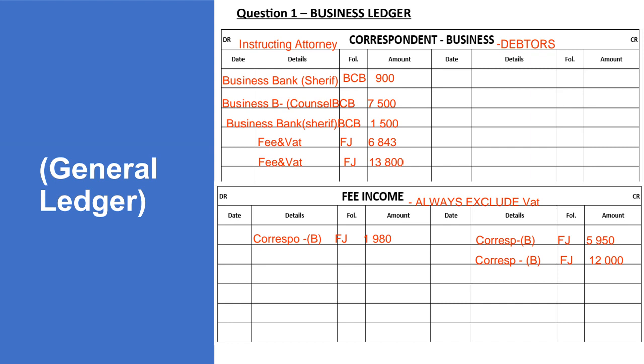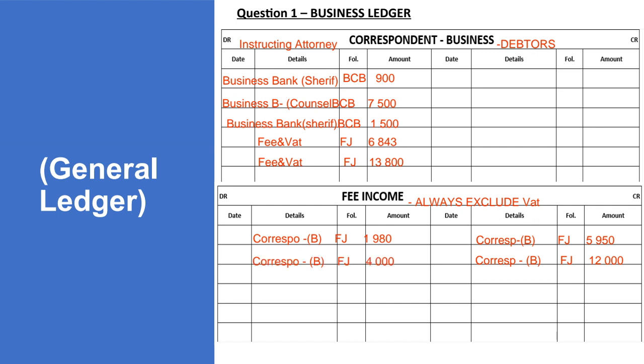I'm just going to write 4,000 here. Correspondent, yes. Business. Correspondent 4,000 here. Can you see now?